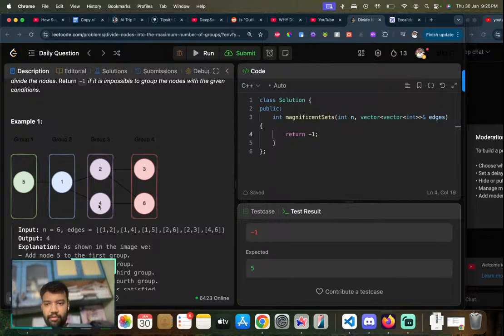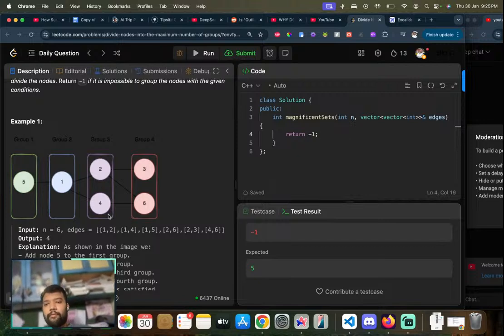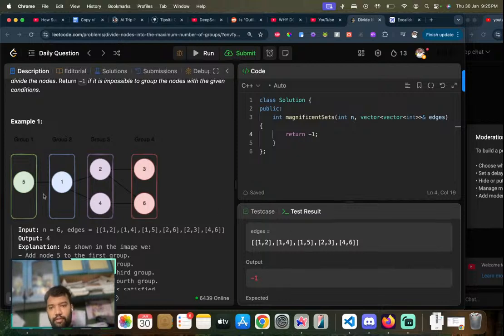So 1, 2, 3, 4. What will be the 5 groups? 1, 2, these 2 groups will not change. 3, 4, 5, 6.